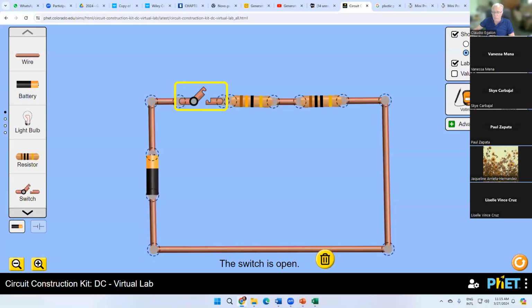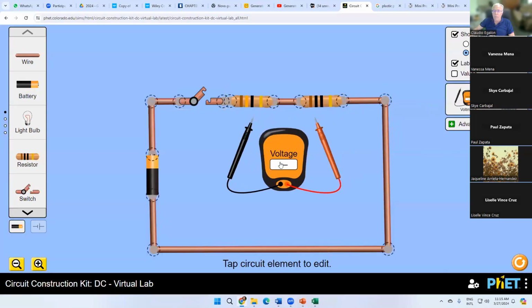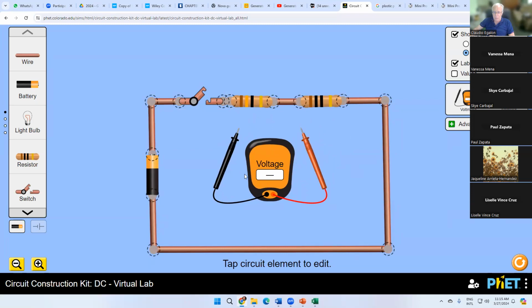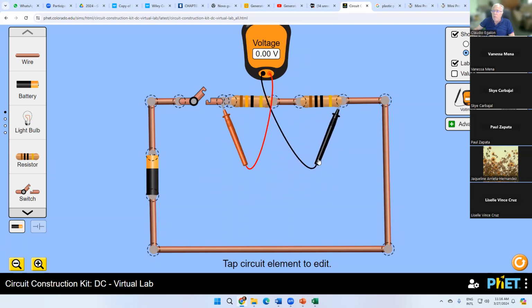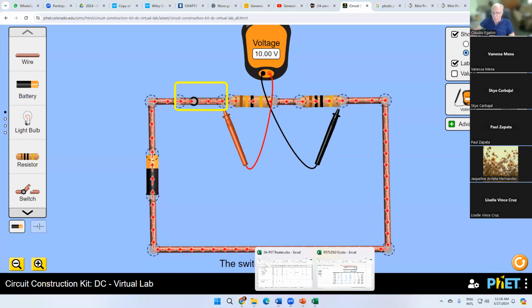We can do the same with our simulation. I get my voltmeter here and put it on those two points. Why 0? It's 0 volts because the switch is open. Once I close the circuit, it's going to read 10 volts.